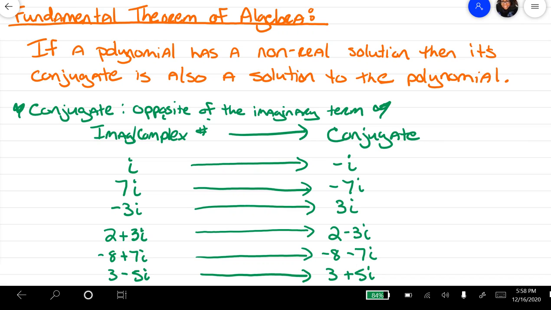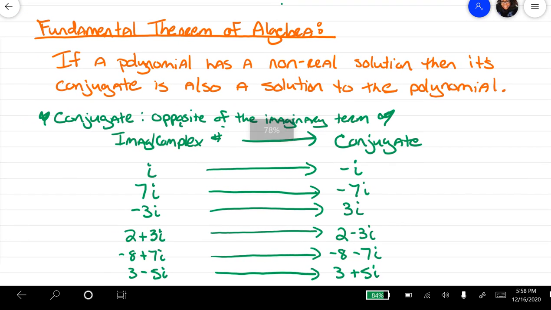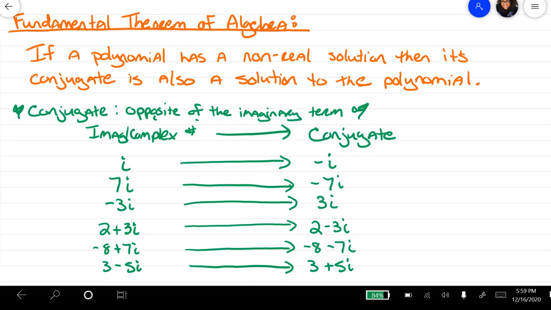So what is this telling us? What this is telling us is the following. I'm going to say write in factored form, given the zeros.